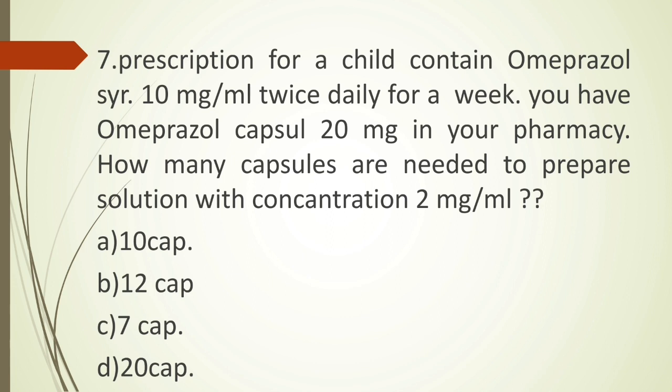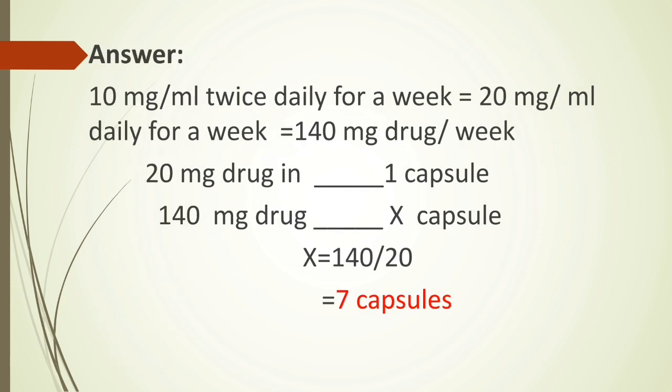So one day the dose will be 10 into 2 times, equal to 20 mg daily. This has to be continued for a week, and in a week there are 7 days. So one day 20 mg, for 1 week 20 into 7, equal to 140 mg drug required for 1 week.